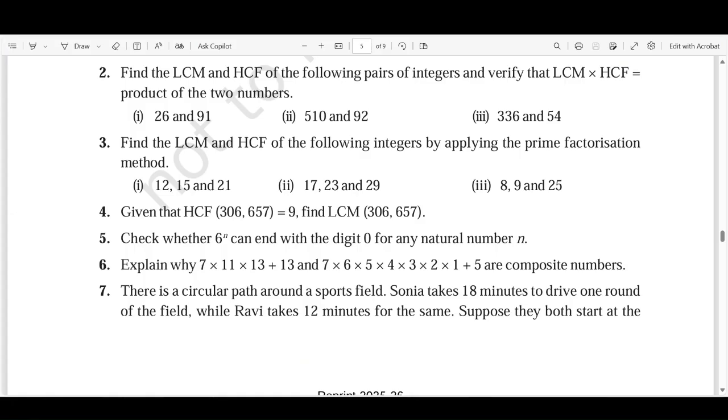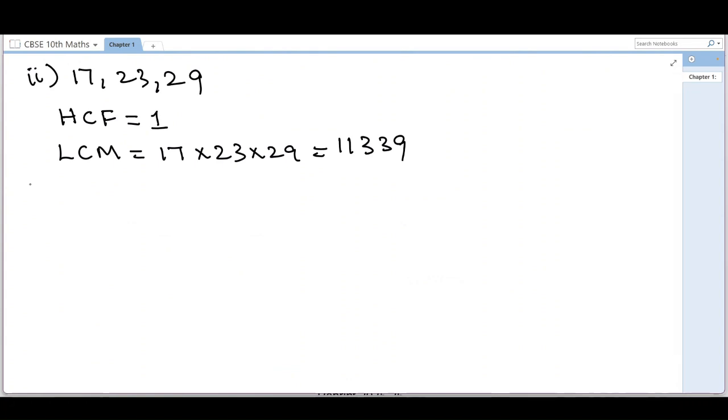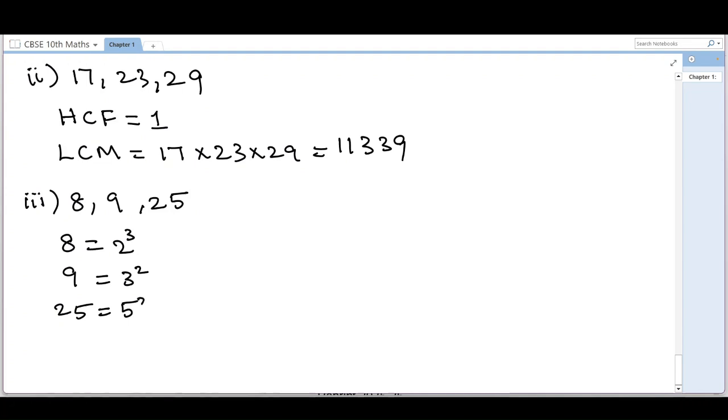Third one, 8, 9, 25. So 8 can be written as 2 cube, 9 can be written as 3 square, and 25 can be written as 5 square.